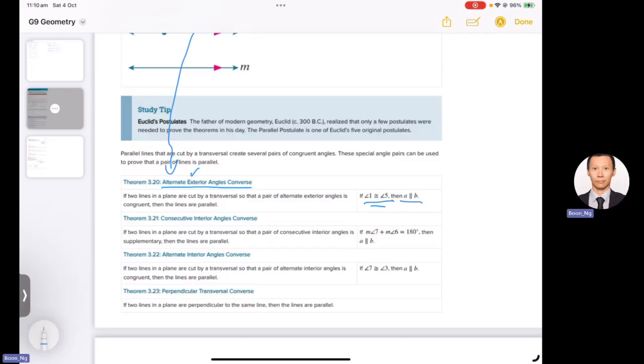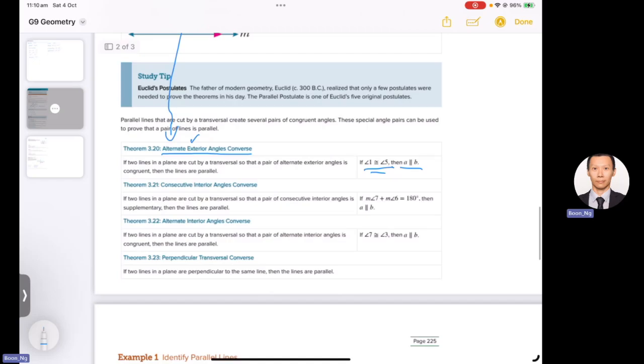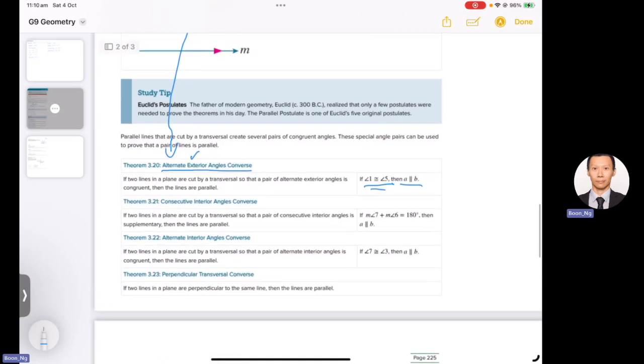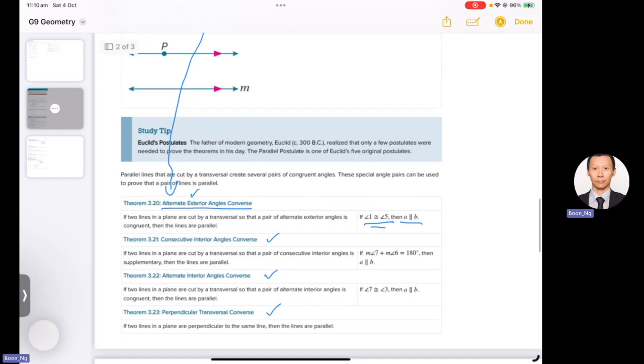The ones that I usually use are 3.21, 3.22, 3.32.